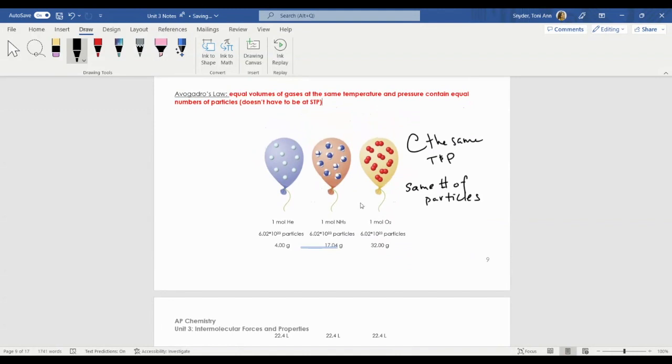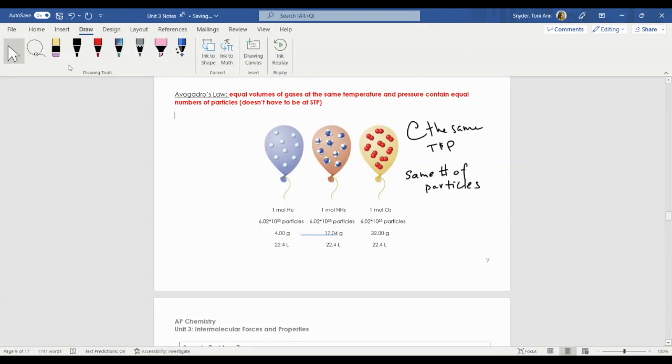I thought I had cut something off there. I was looking at that, like, am I missing something? And I am. That's an important piece of information. These would occupy the same exact volume. So this balloon is the exact same size as this balloon, which is the exact same size as this balloon. All of these have the same number of particles, and therefore they occupy the same volume.